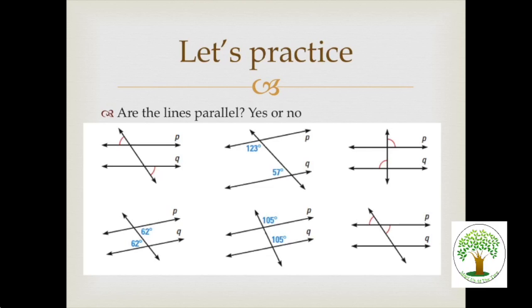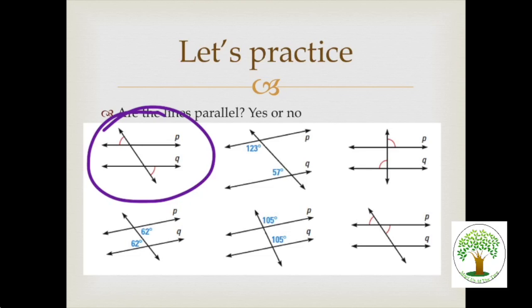We're going to start with this top one. Is P parallel to Q? It might look it, but based on the information, no. What kind of angles are these? These are congruent.